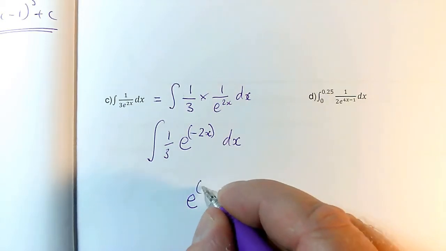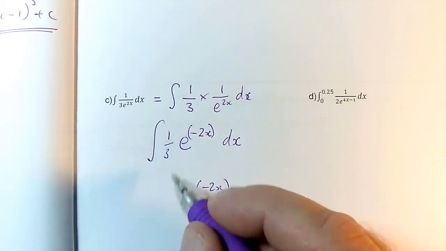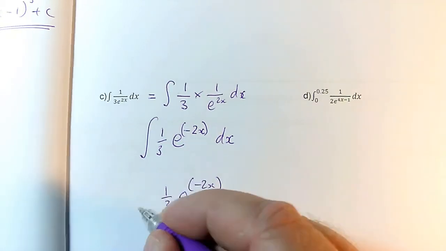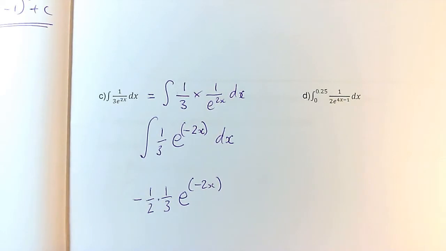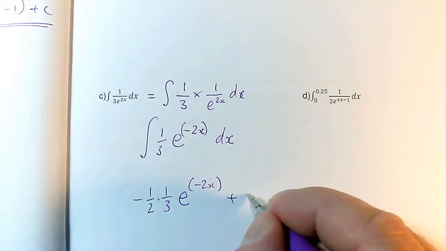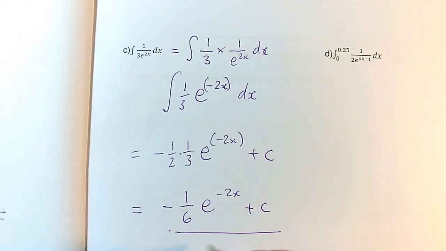So I'll get e to the power of the same linear bracket, but the number in front of x is minus 2, so as well as the third that's already there, I'm going to have a minus a half popping out in front of that. So my answer, with a plus c on the end, is minus 1/6 e to the power of minus 2x plus c. And that's that one finished.